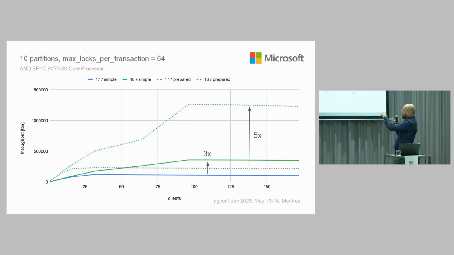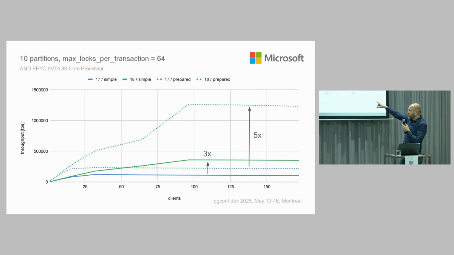So if you set it to 64, which is the default, by the way, then the chart that I showed before looks a bit like this, right? The green one, that's 18. The blue one, that's 17. And the difference between them is the improvement that you get from this very simple optimization.